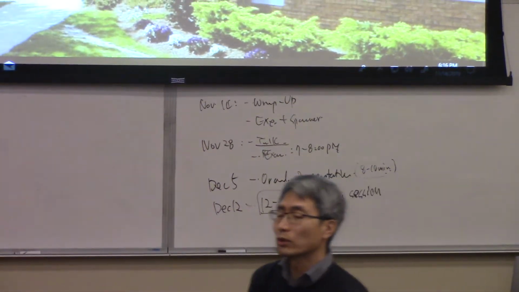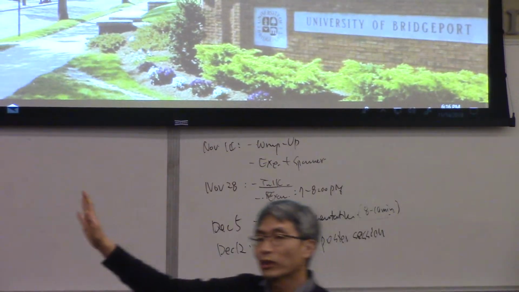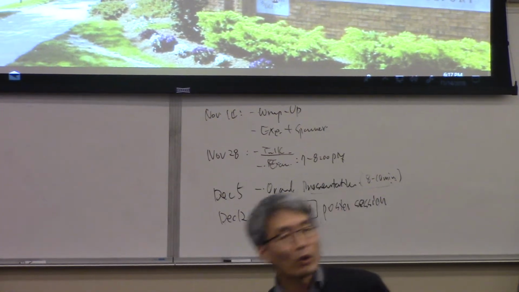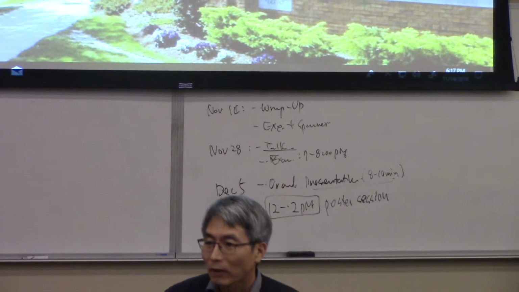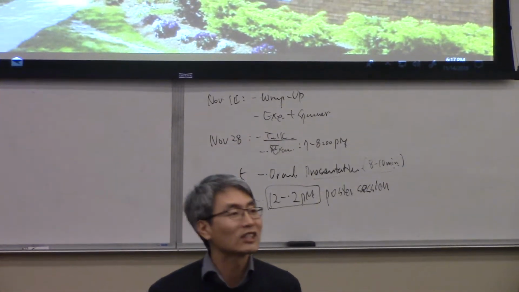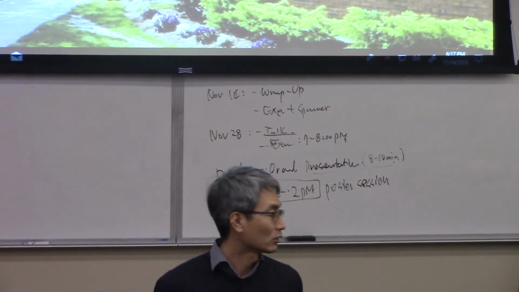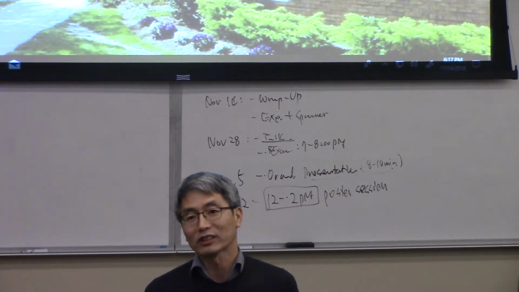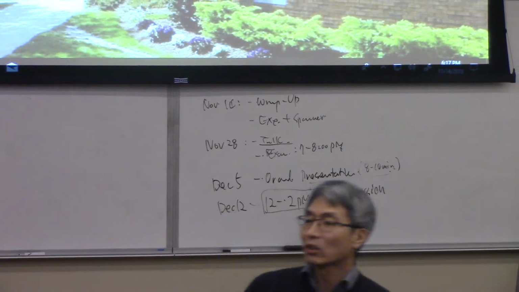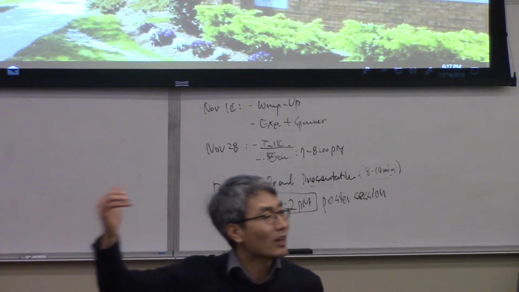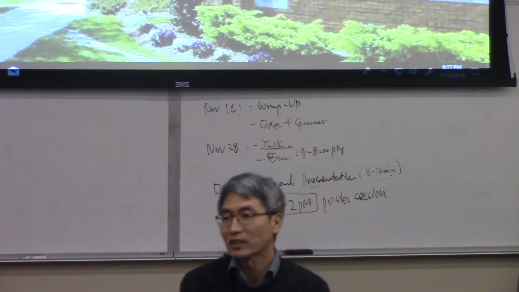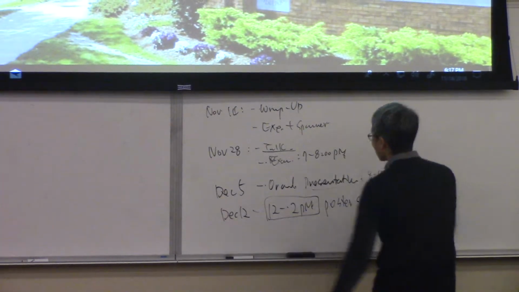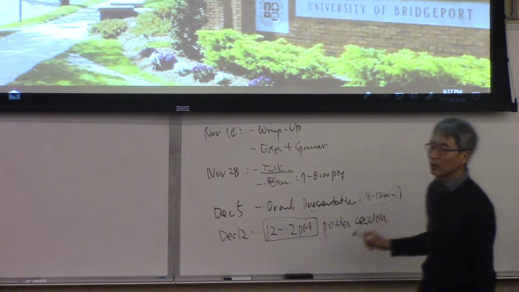I'm thinking to use the South Shore, because I'm also going to order pizza and drinks, which are not allowed in the Tech building. So we cannot have food or beverages inside the Tech building. So we are going to probably use the South Shore, which is a little bit packed, but we still have the poster session. So this will be the rough schedule.